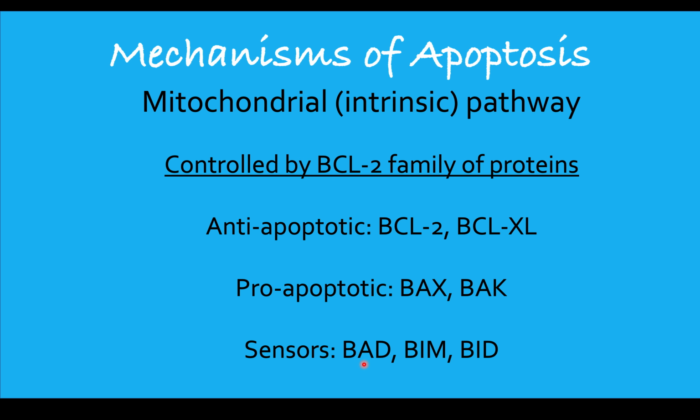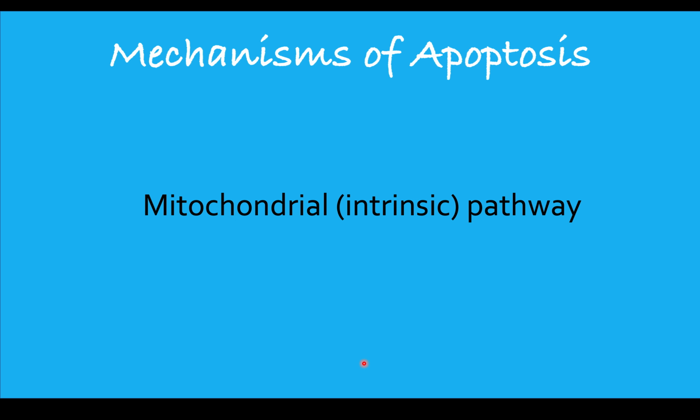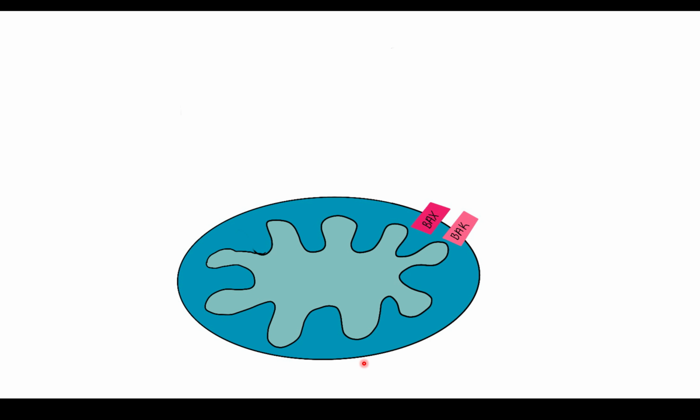But you also need to understand the role of each. We're still talking about this intrinsic pathway, and here's where the doodling comes into play. This is that same picture we just saw. We have the BAX and the BAK. Remember, these are on the outer membrane of the mitochondria, and these are pro-apoptotic. If the cell is damaged, those sensor proteins, like your BAD, are going to activate BAX and BAK.